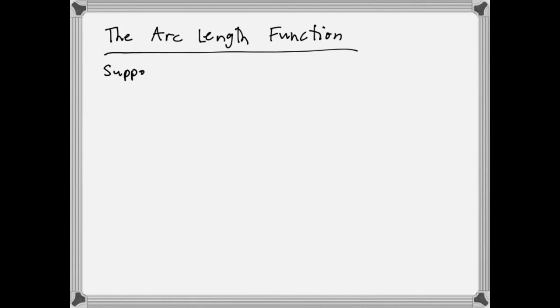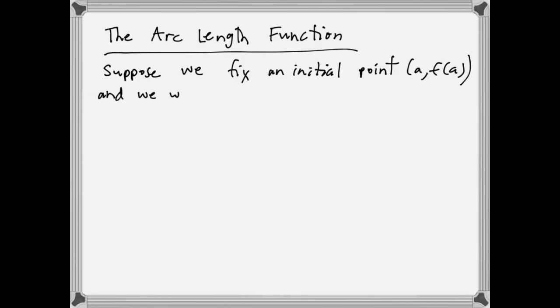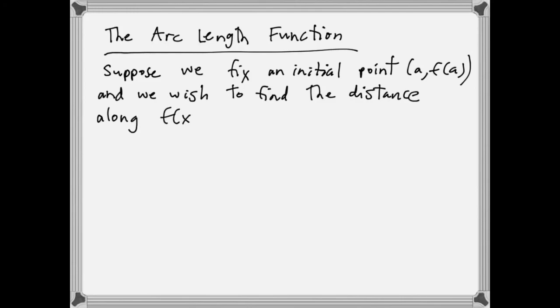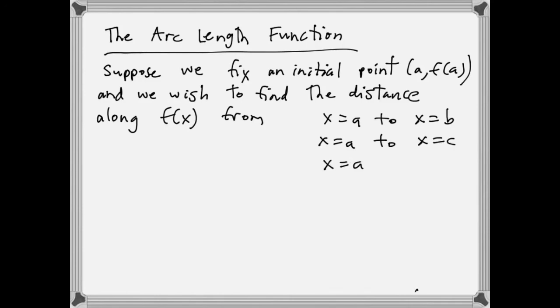So suppose we fix an initial point f of a, and we wish to find the distance along f of x from x equals a to x equals b, x equals a to x equals c, and x equals a to x equals d.